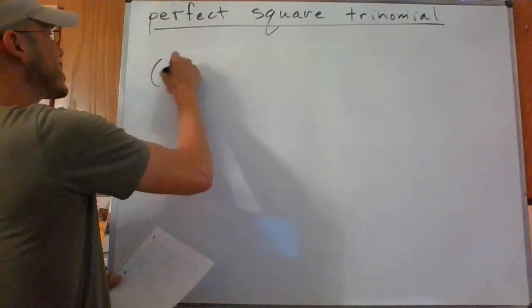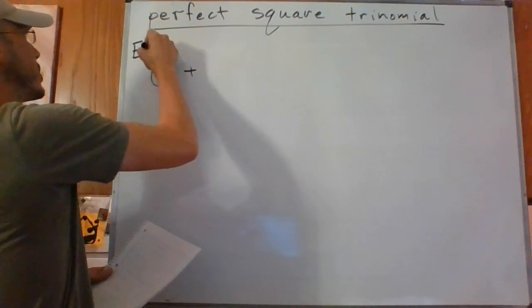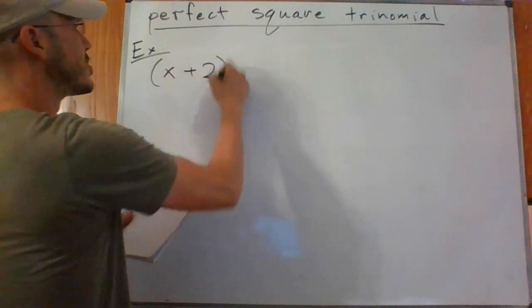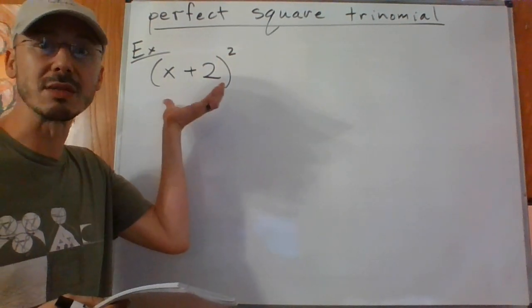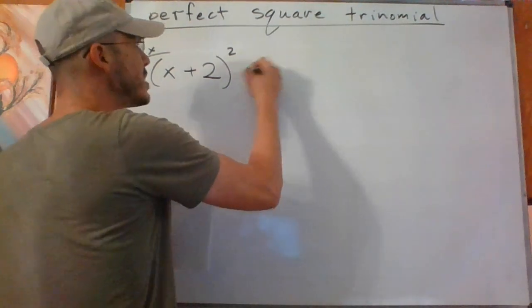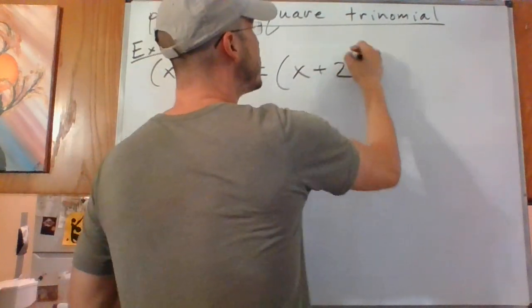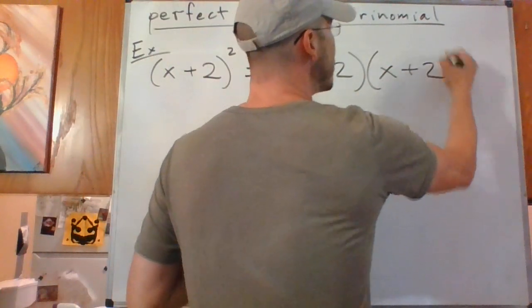What they mean in this case is, for example, x plus 2 squared. I'm squaring this binomial, and what it means is x plus 2 times x plus 2.